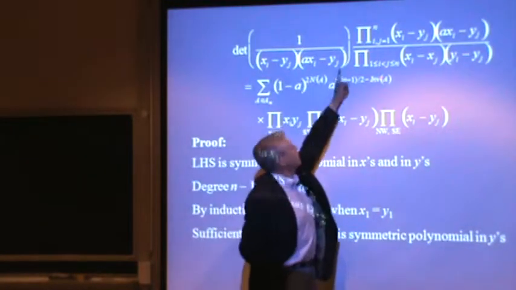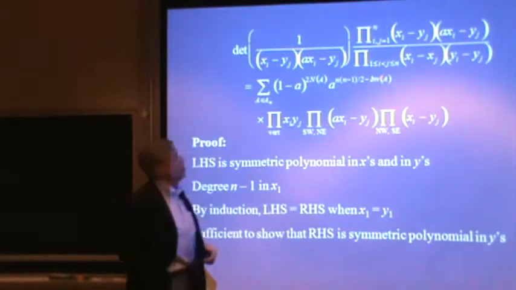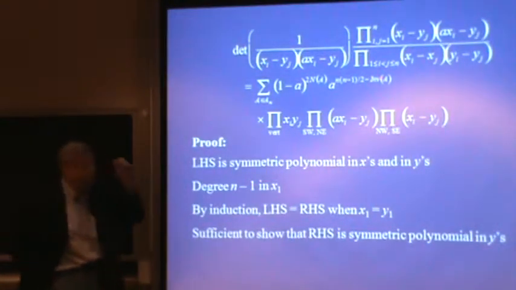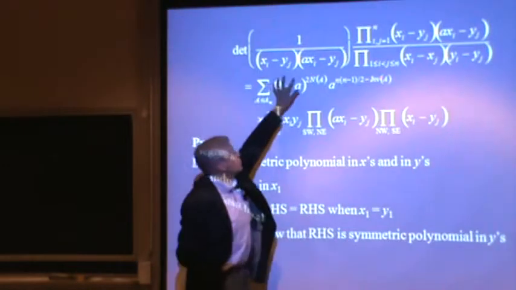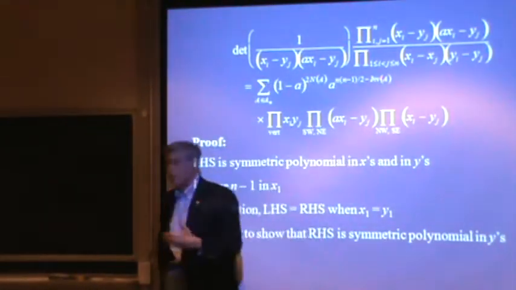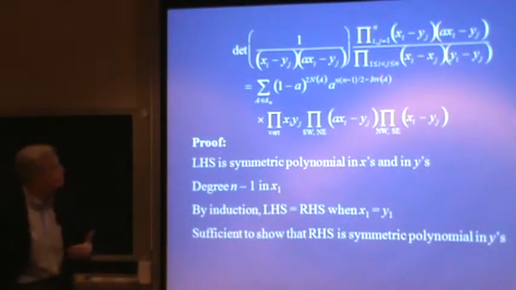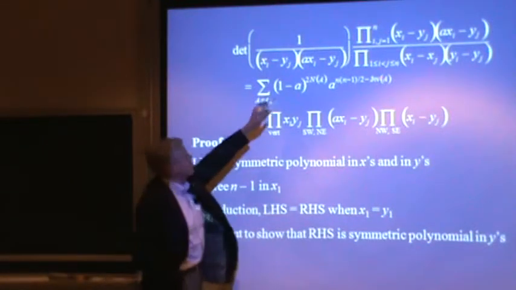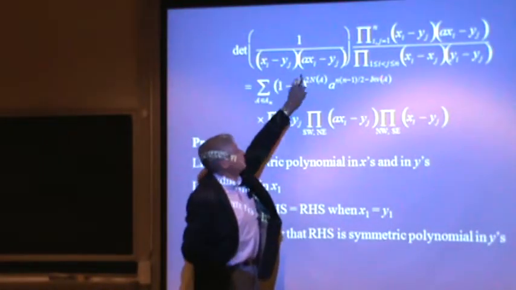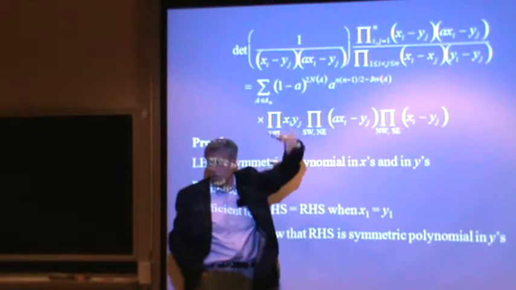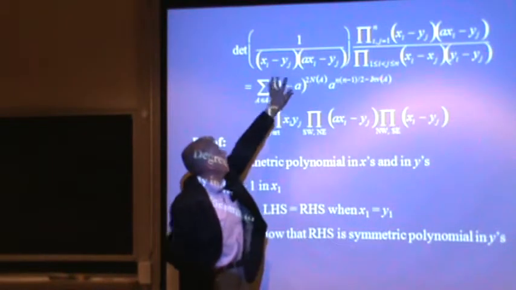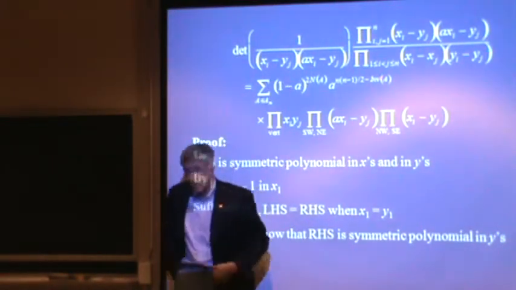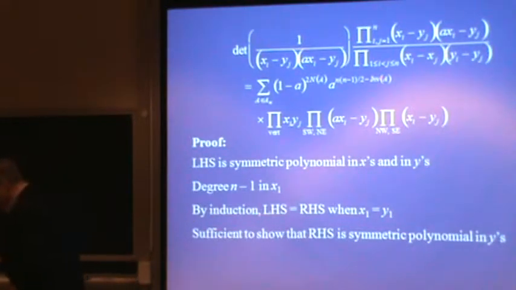We're multiplying this determinant by that product over all pairs i and j. So that's going to turn this determinant into a polynomial in the x's and the y's. And it's going to be an alternating polynomial in the x's and an alternating polynomial in the y's, since the determinant itself is an alternating function of the x's and an alternating function of the y's.